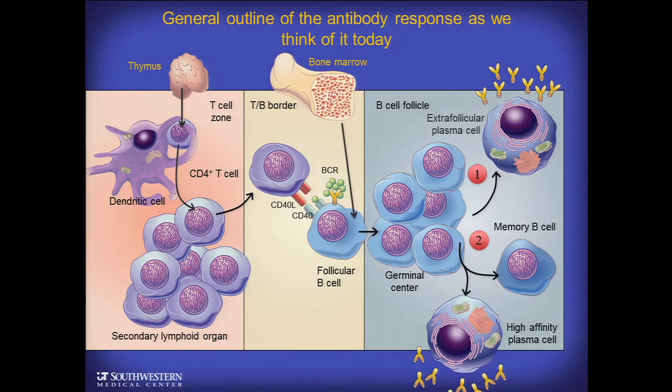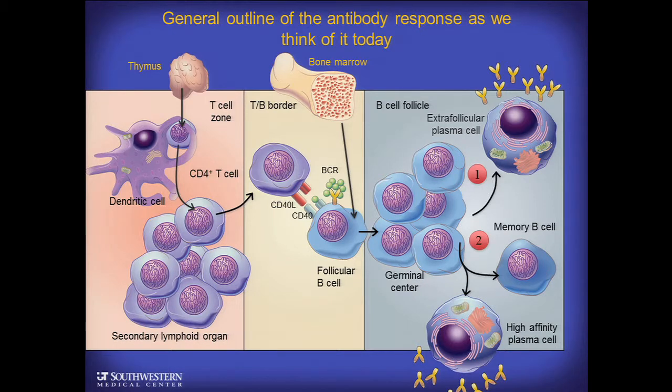There's T-B collaboration within lymphoid follicles, and follicular B cells then are induced to expand. These cells then have a choice of either becoming early antibody-secreting cells or of becoming memory B cells and undergoing high affinity maturation within the germinal center to give rise to high affinity antibody-secreting cells, or long-lived plasma cells.